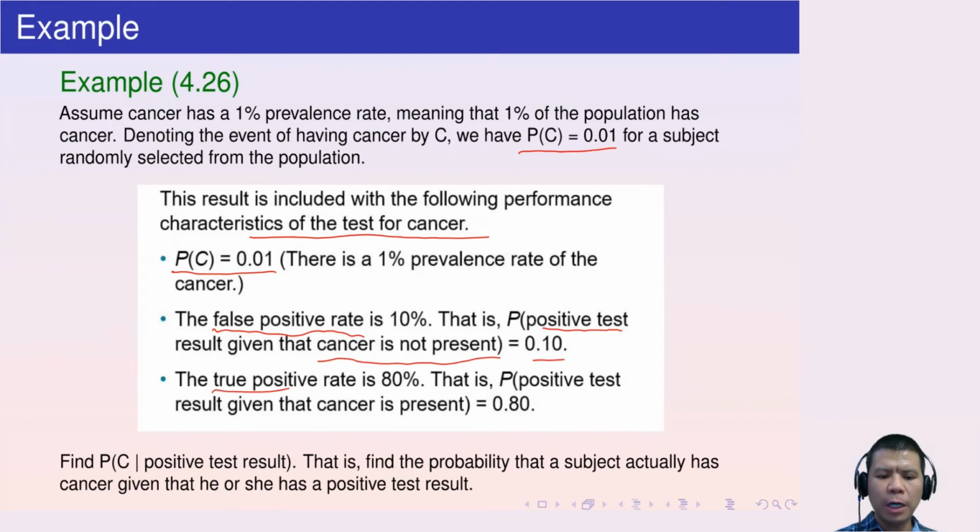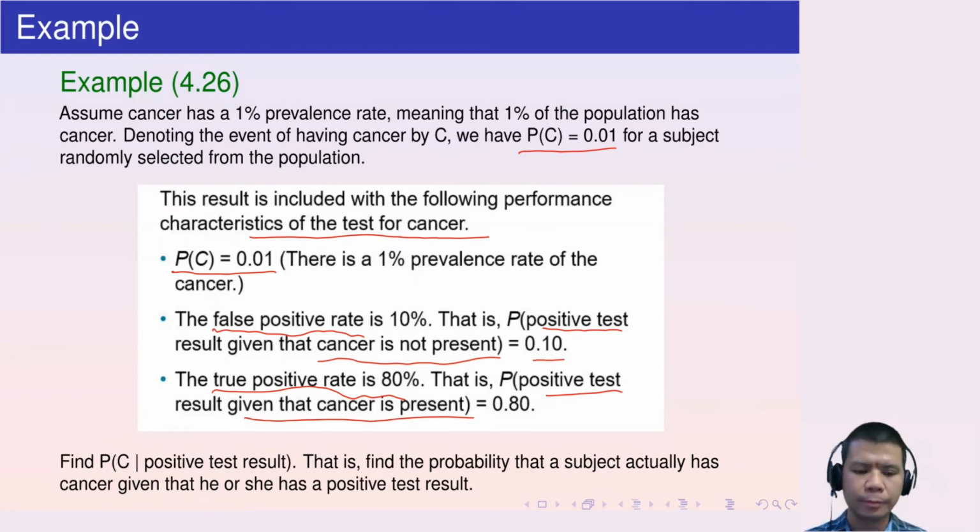And the true positive rate is 80%, which means the probability of a positive test result given that the cancer is present. This person has the cancer, and then this screening test will give the positive test result with probability 0.8, 80%. This is the true positive rate, right? It has cancer and it got a positive result.